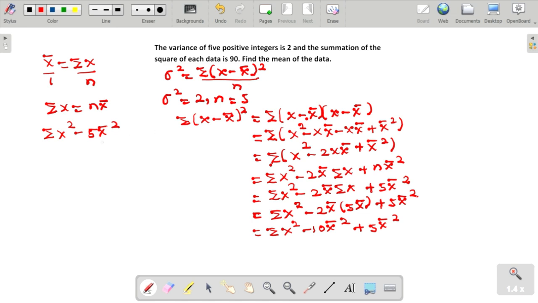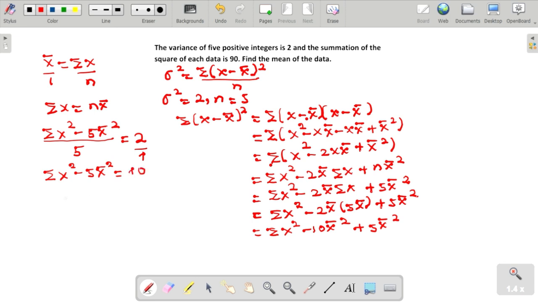But we know that the variance is 2, so we can simply say that the numerator over 5, which is n, is equivalent to 2. All we need to do is cross multiply, and this becomes summation x square minus 5 x bar square equals 5 multiplied by 2, that gives 10.